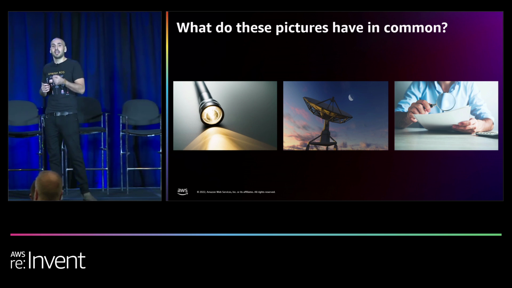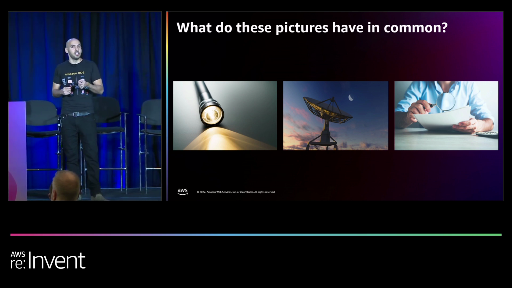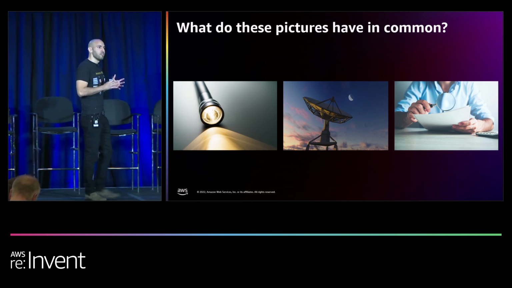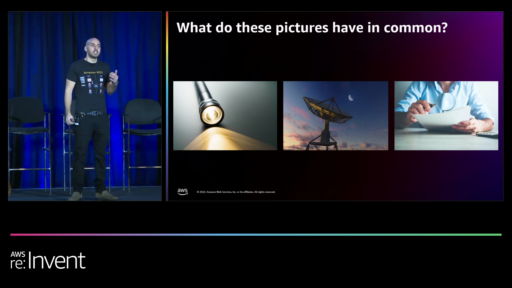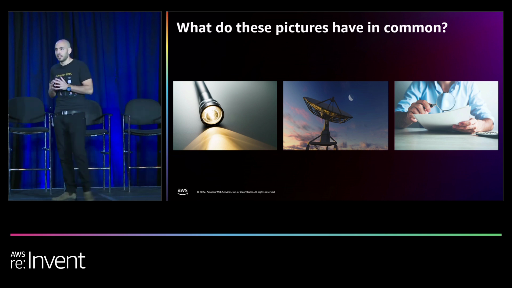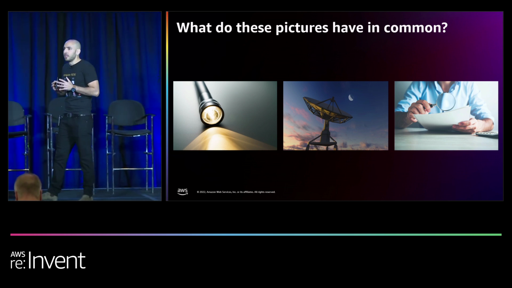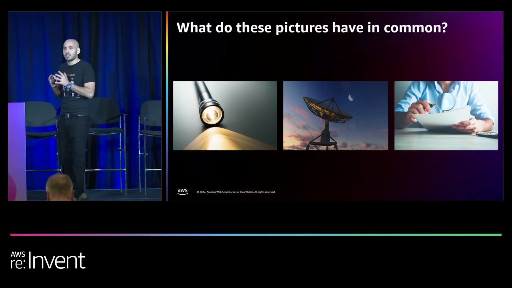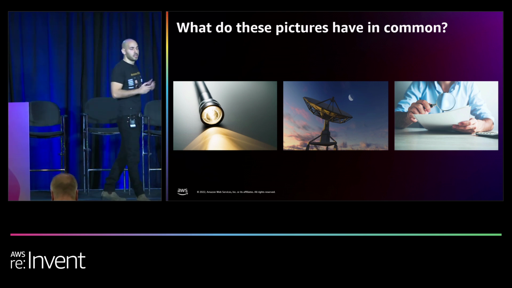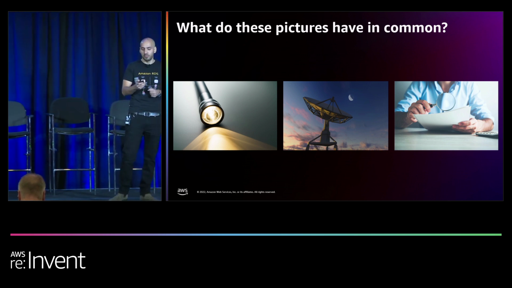Each one has its own mechanism to improve detection and visibility. And the reason this is a good analogy for today's session is because when it comes to database performance, you can't fix a performance bottleneck that you can't see. Database performance diagnostics and troubleshooting is all about visibility, which is why these three pictures are a good analogy for today's session.